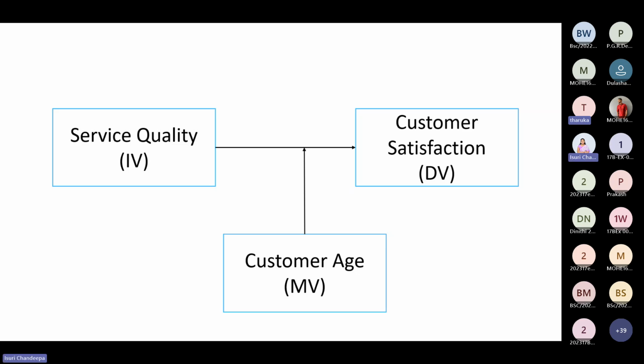But those between 30 and 45 are moderately satisfied. They think the service quality is moderate and they are also moderately satisfied.